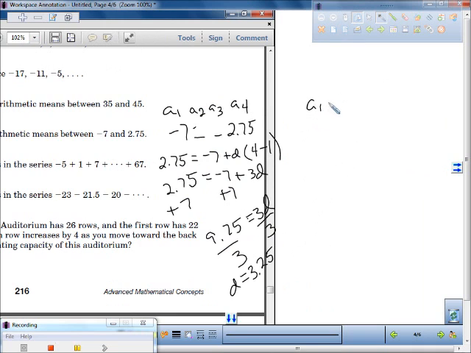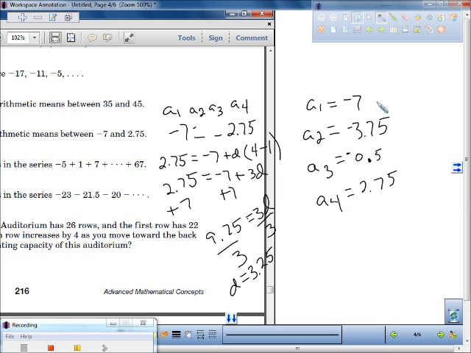So A1 was -7, which was given. A2, we're combining the 3.25 in this, so that we end up with -3.75. Then we're going to add positive 3.25 to it, and so we end up with -0.5, and then we're going to add another 3.25 to that, and so we end up with A4 is 2.75.